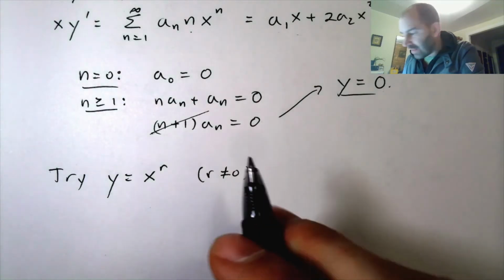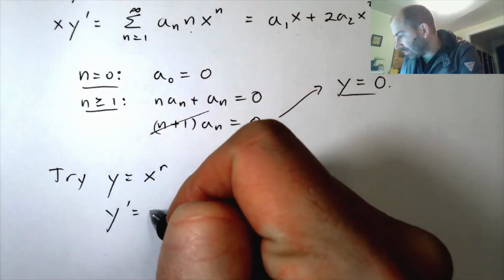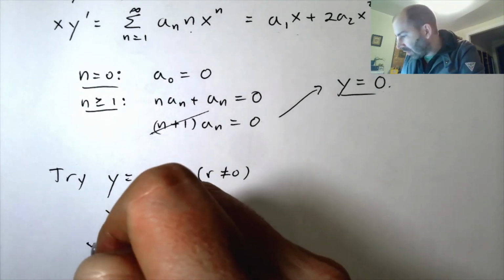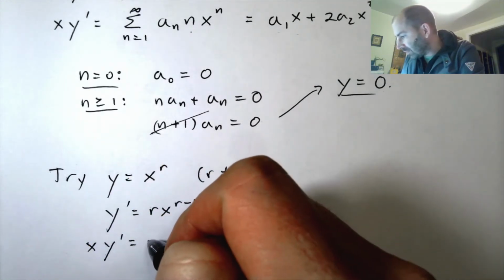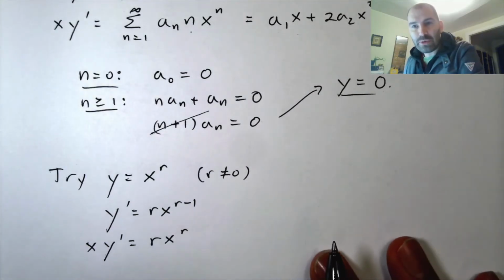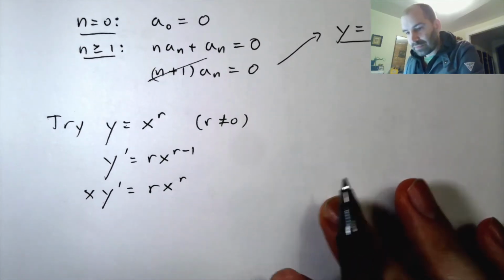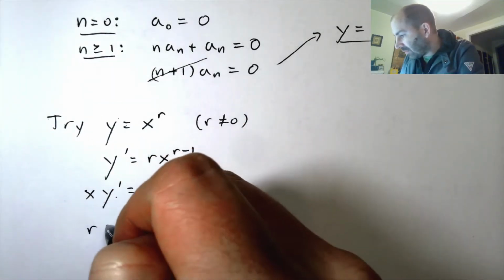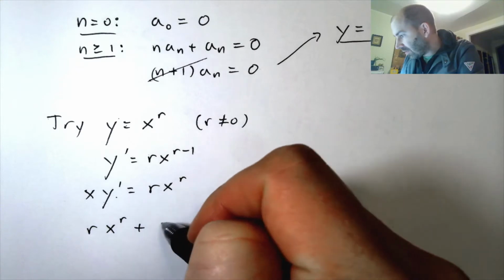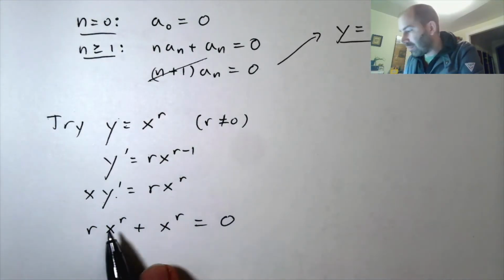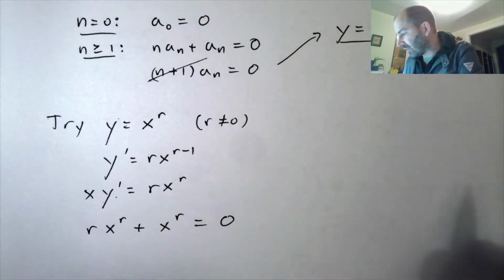So if I try that and I compute y prime, what do I get? I get this. And if I look at xy prime, I get this. If I plug these into the differential equation, let's see what I get. The differential equation said this plus this. So I'm going to have this guy plus this equals 0. That's just xy prime plus y equals 0.